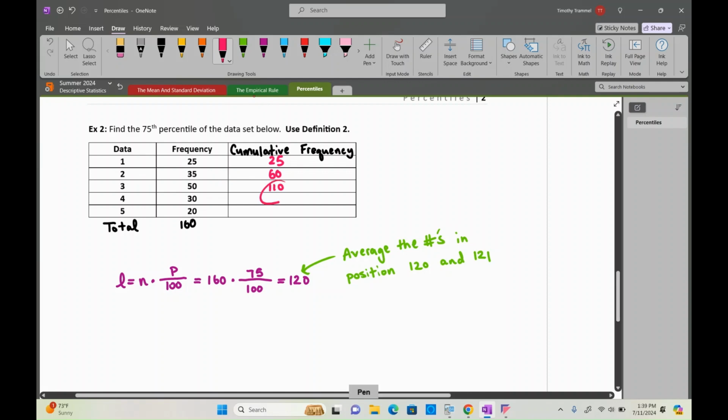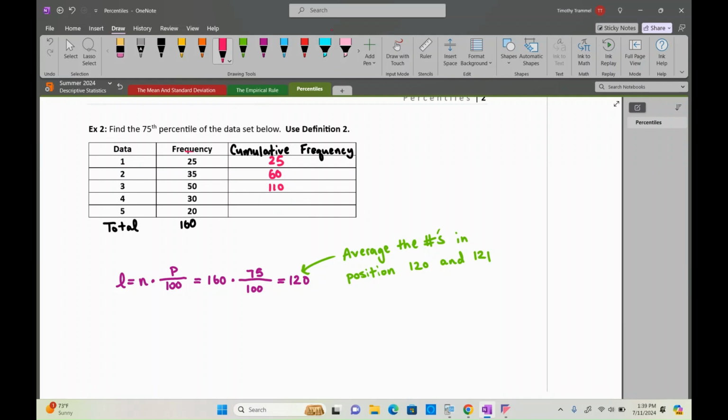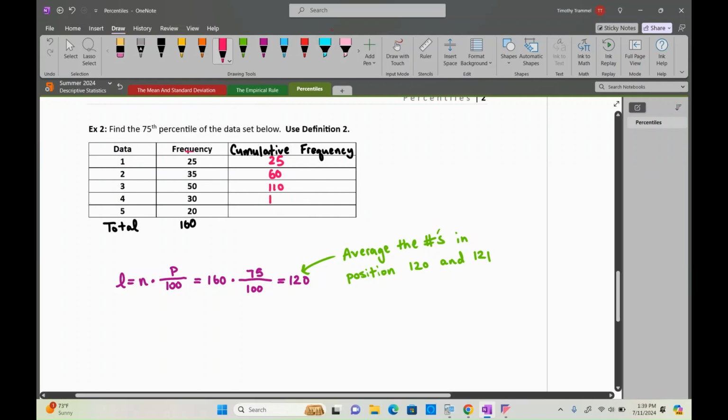And again, this is how many numbers we'd have if we wrote down all of the ones, twos, and threes. We'd have a total of 110 numbers so far. Now that we're on to the fours and we have 30 of those, we'll have a total of 140 numbers by the time we get to the very last 30.